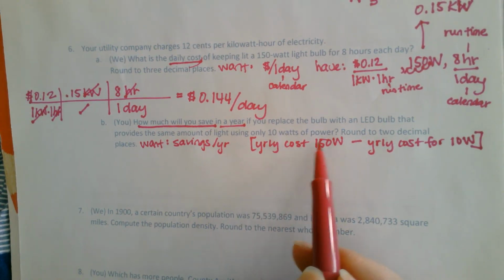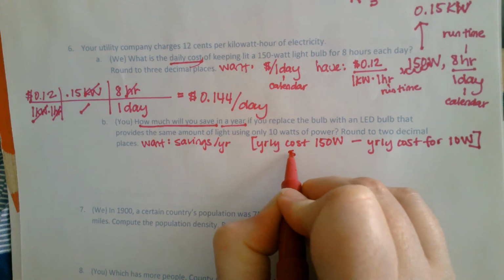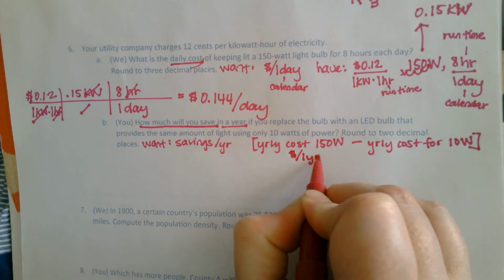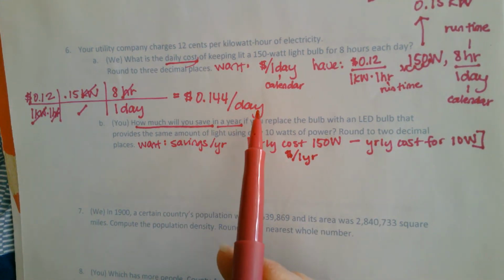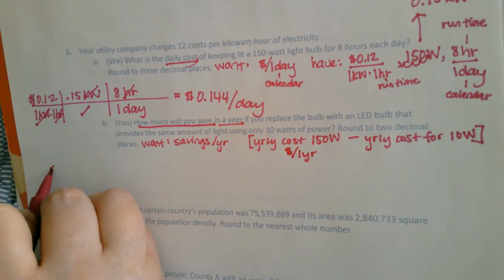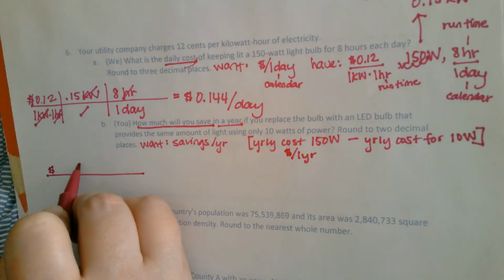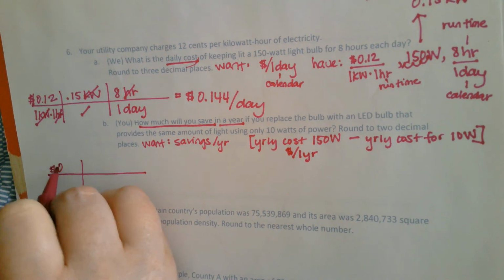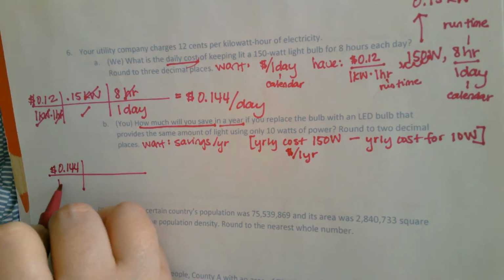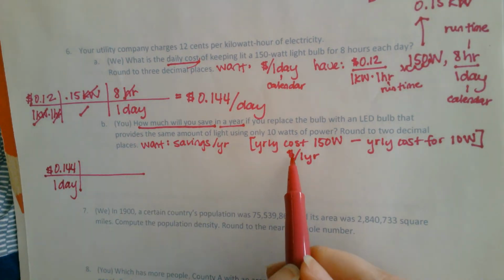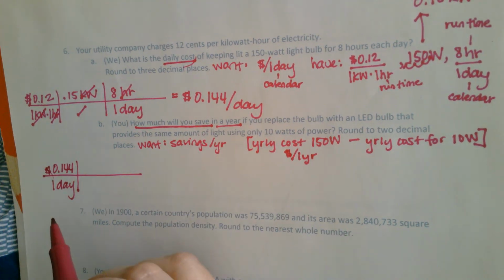Okay, so we want the yearly cost for the 150 watt bulb, which means it's dollars per 1 year. Well, right now we have dollars per day, so I'm just going to go ahead and convert that. So we're starting with 0.144 dollars per 1 day, because we want to start with our numerator, which is dollars.